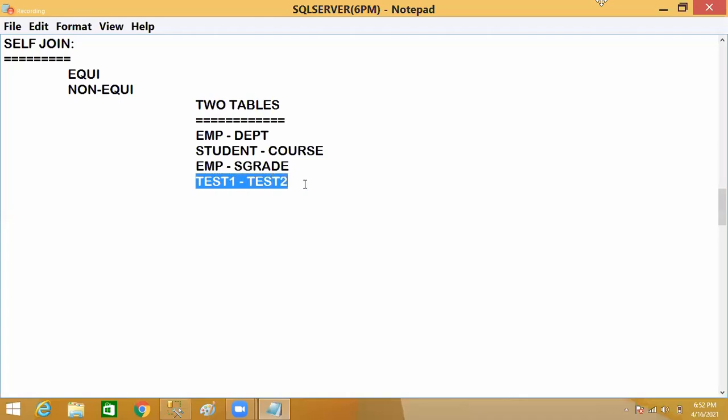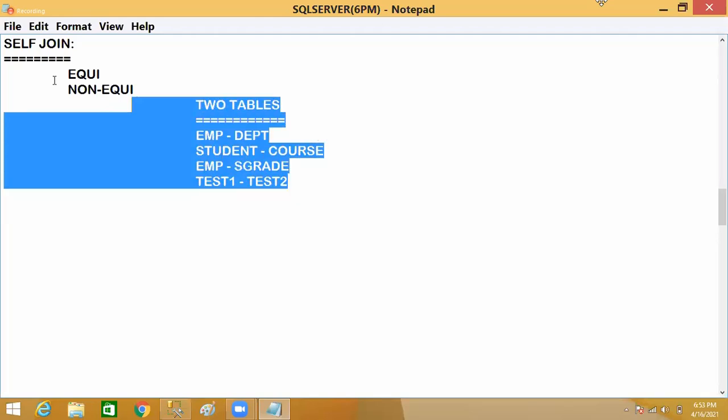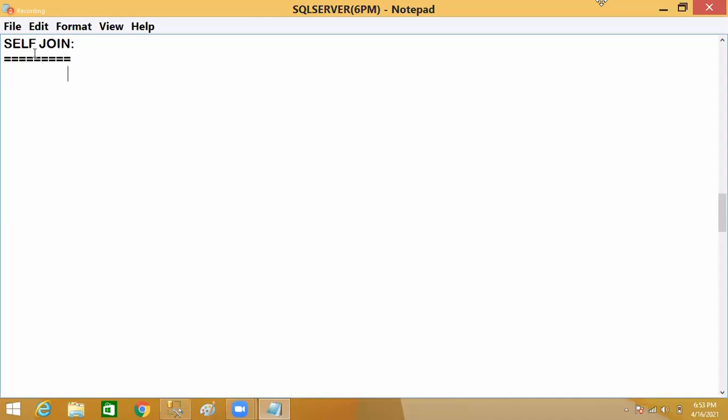One table's data is joining with another table's data. Those are called equi and non-equi.